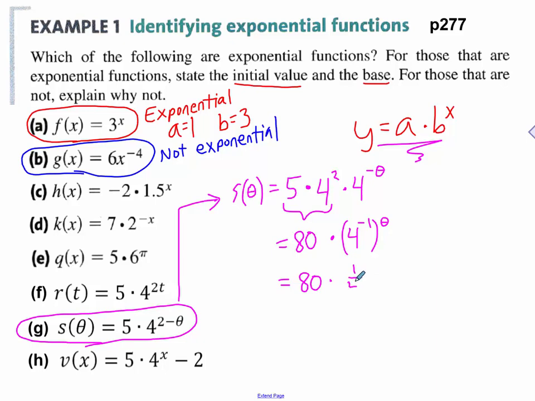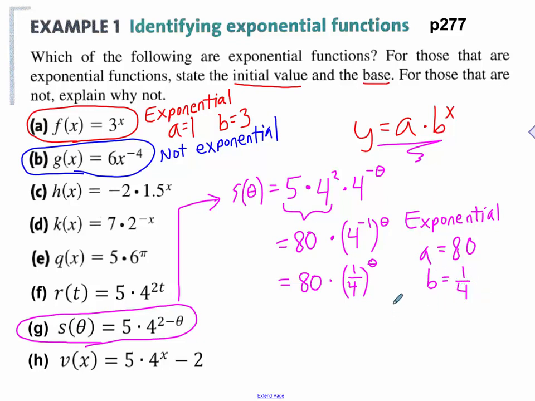So I can say that that is 80 times 1/4 to the theta power. And now I have that in the form of a times b to the x. So I will say, yes, this is exponential. And a equals 80, b equals 1/4.